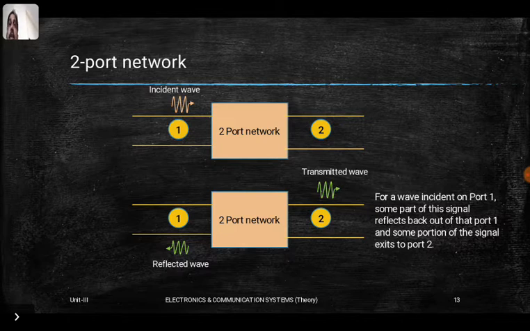This is an important phenomenon in high frequency microwave circuits and transmission. When I give an input, I get the transmitted wave as output, and meanwhile the signal coming back to the input is called the reflected wave.